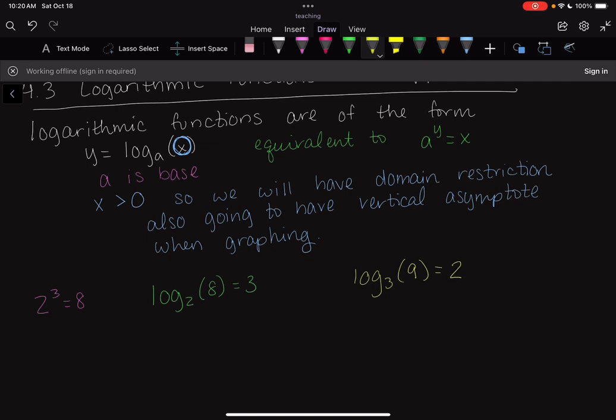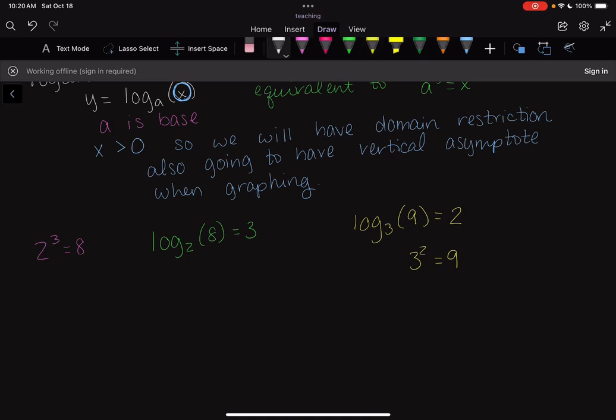And in this case, that would be 2. So in exponential form, the exponent I'd put on 3 so that it equals 9 is 2.